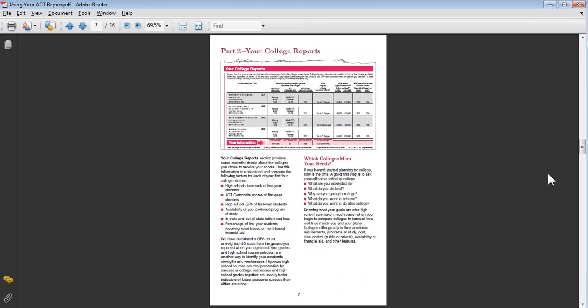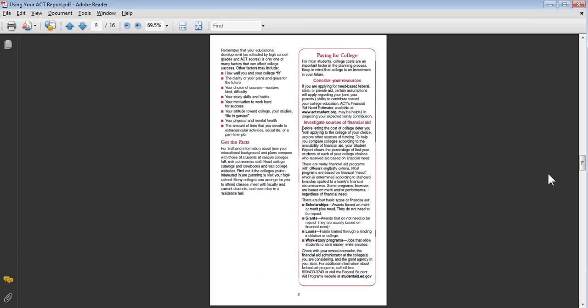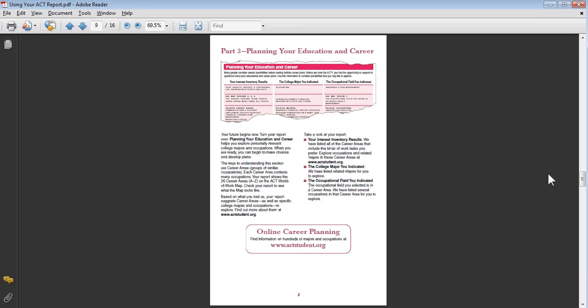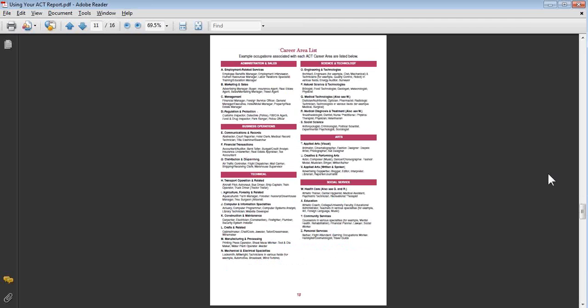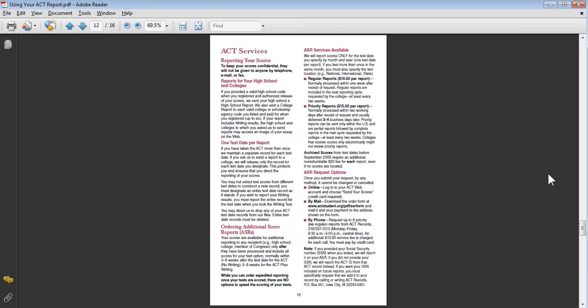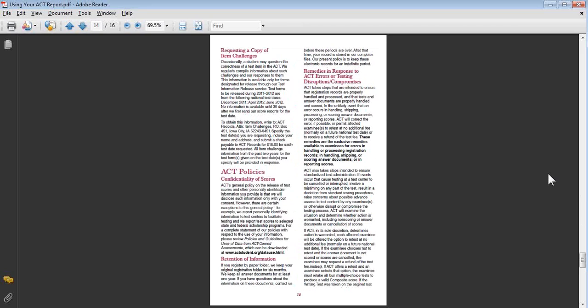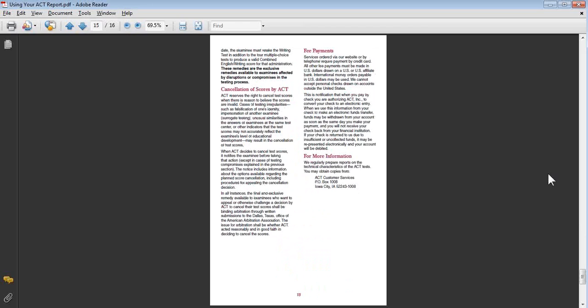So every student would receive a score report, whether they chose to get that information online or not. They would get this material in the mail as a printed publication. And you can take a look at the information that's there. It covers quite a lot of ground, and as I mentioned, it's 16 pages in length.